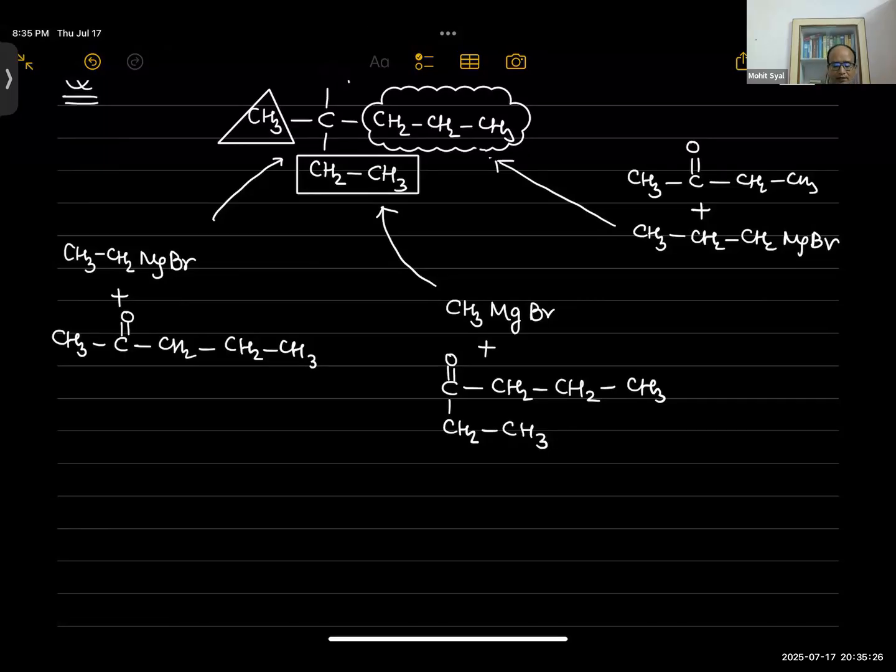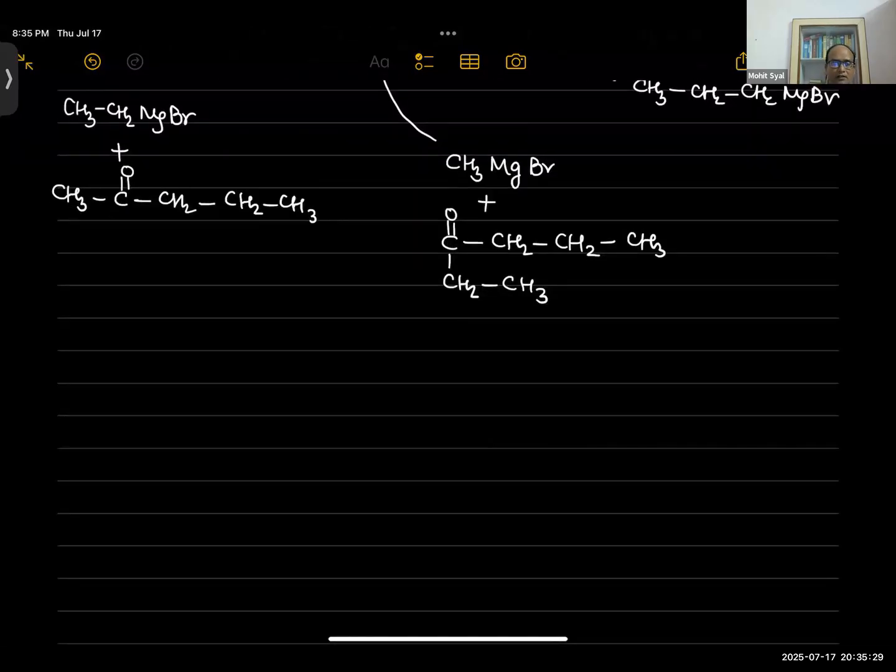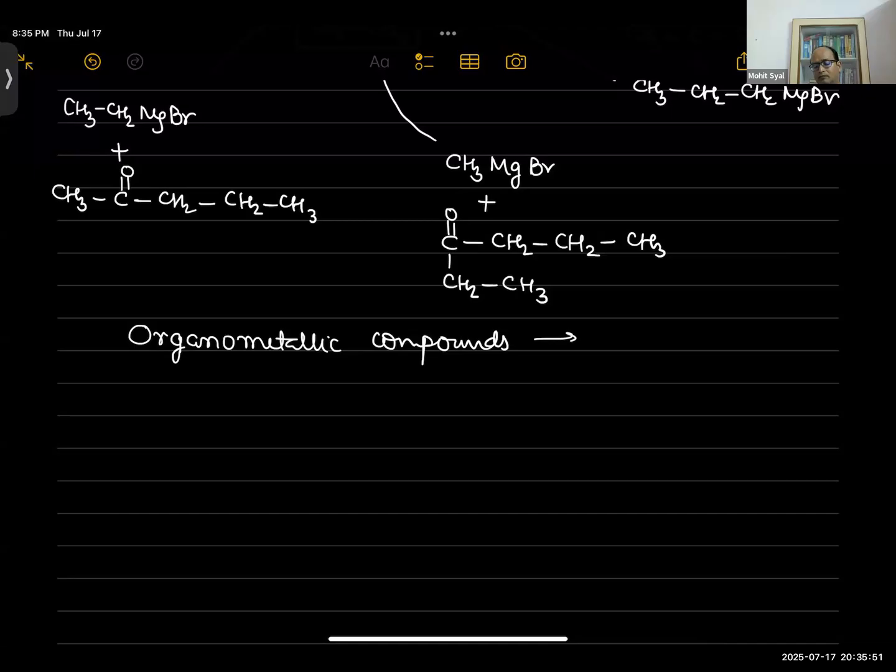Now, one more extra piece of information about Grignard reagents is that they come under the category of organometallic compounds, as they contain a carbon-metal bond, the metal being magnesium.